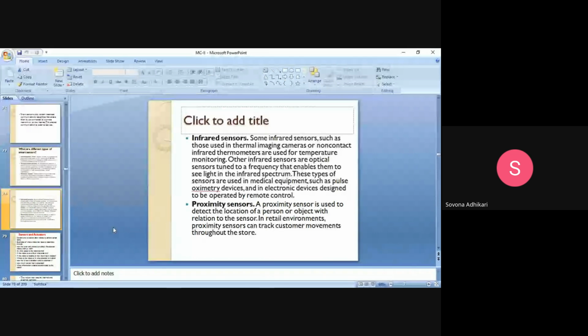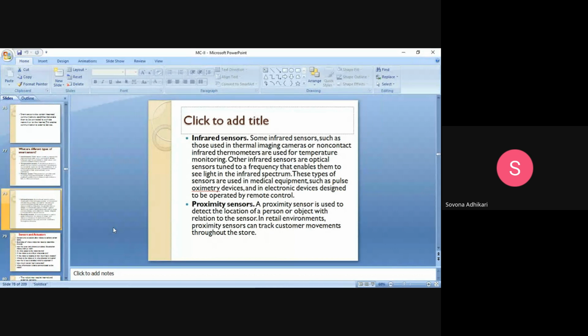Other infrared sensors are optical sensors tuned to a frequency that enables them to see light in the infrared spectrum. This type of sensor is used in medical equipment such as oximetry devices and in electronic devices designed to be operated by remote control. So a pulse oximetry device is also an example of an infrared sensor.